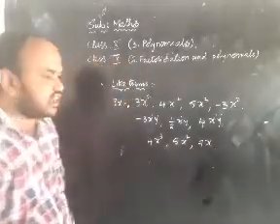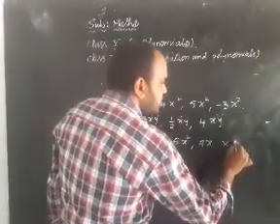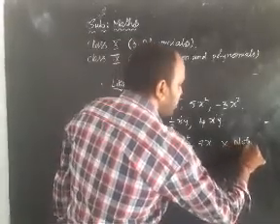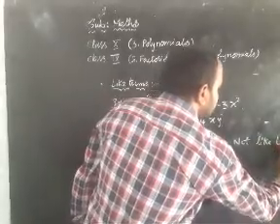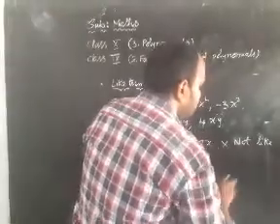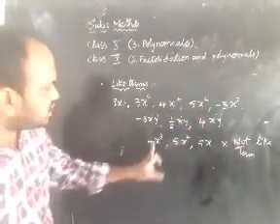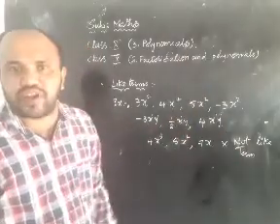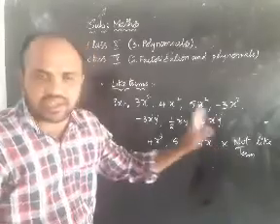If you see here, it is not a like term. Why? The variable is the same, but the power is different here. So we won't consider this as a like term.